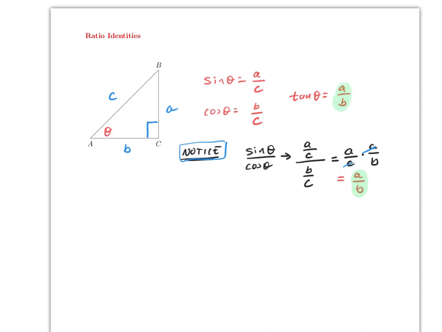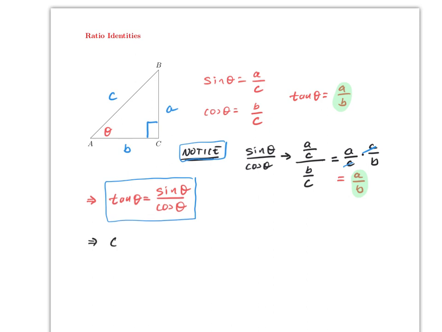So therefore, the first ratio identity is the following, that tangent of theta is the same thing as sine of theta over cosine theta. So this is important, you should memorize this. Now, in the previous page, we saw the reciprocal identities.